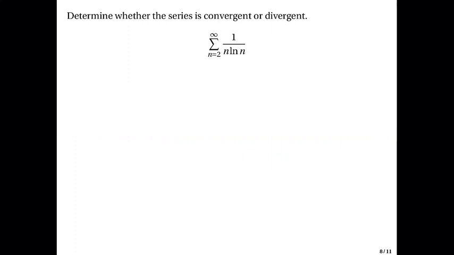So you have the sum from n equals 2 to plus infinity of 1 over n ln n. So again, I'll leave you the checking part of the validity or the conditions. Okay, let's proceed with the improper integral.